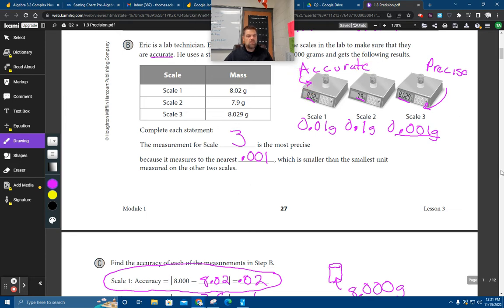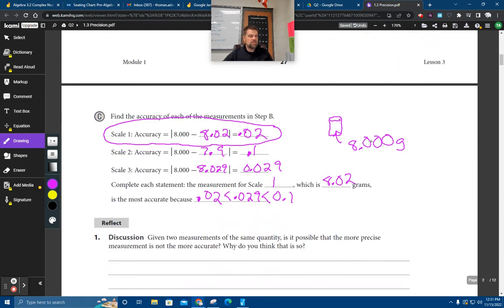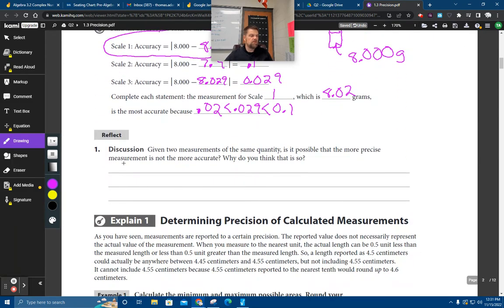Okay? So we just need to put that in our own words. So let's reread the question. Given two measurements of the same quantity, is it possible that the more precise measurement is not the most accurate? So I would say something along the lines of, yes, it's possible.